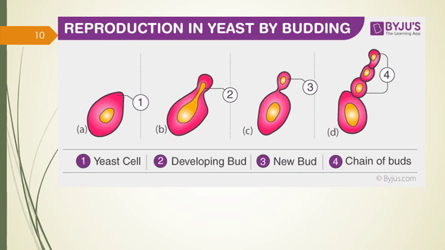As the bud develops in step 2, and when the bud enlarges and has an equal amount of cell material, organelles, nucleus, etc., the new bud then starts separating from the parent cell, or it may also be in the form of attached chain buds, and the process continues.